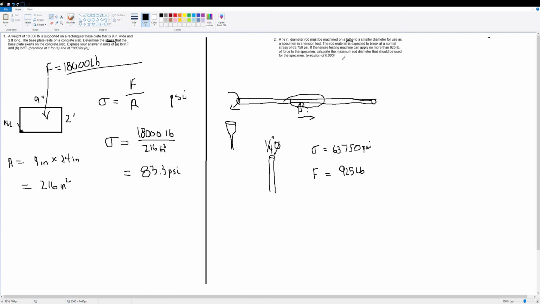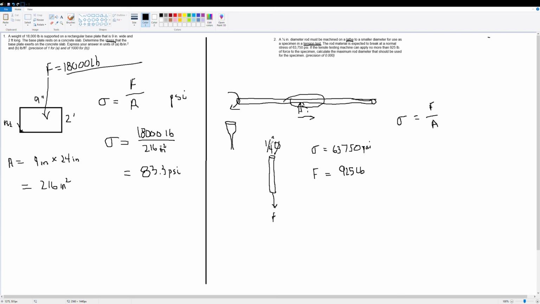Maximum rod diameter. Okay. So when we work on stress problems, stress is equal to force over area, right? If this rod was going to experience a tension force, notice it says tension test, that means we're going to pull on it in both directions with some force.